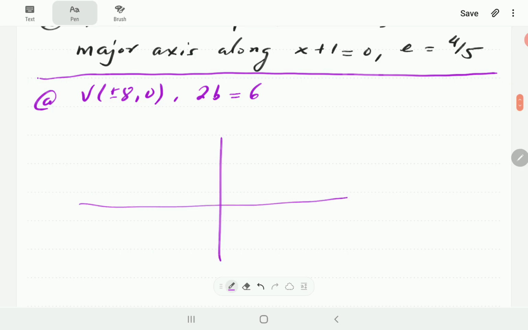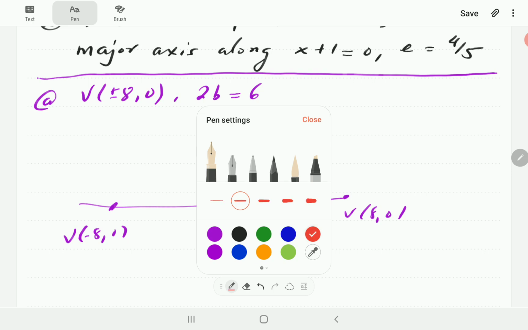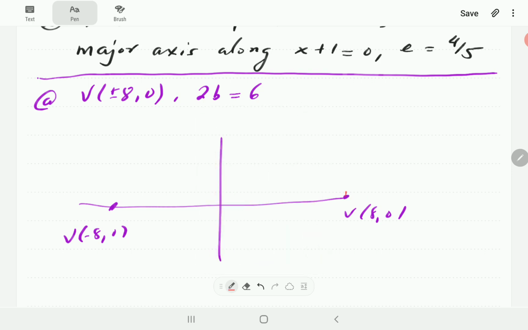So let's do a sketch of this. We have a vertex at 8, 0, another vertex at minus 8, 0, which means the center is at 0, 0. So this is telling us that the ellipse is going to be oriented like this.